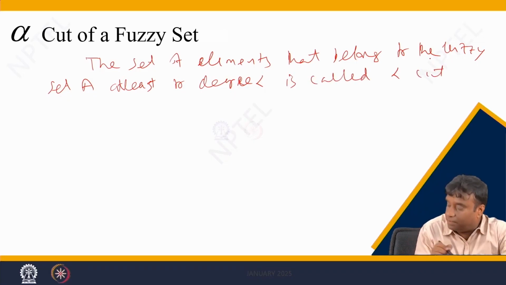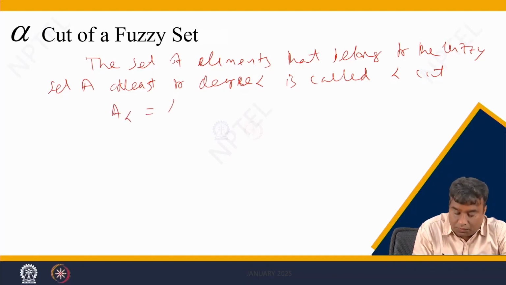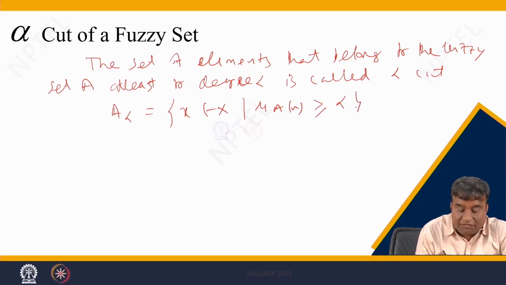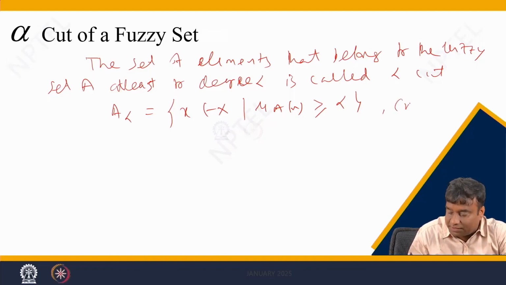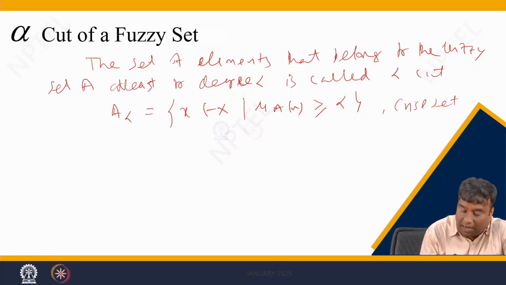Mathematically, we can write A alpha equals the set of x belonging to X such that mu x is greater than or equal to alpha. That is the alpha cut, and it is a crisp set.